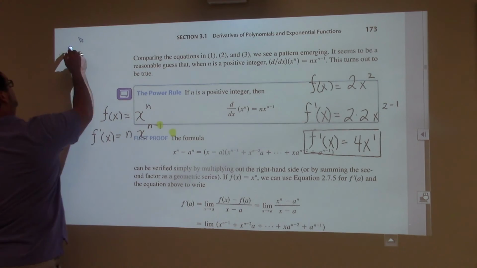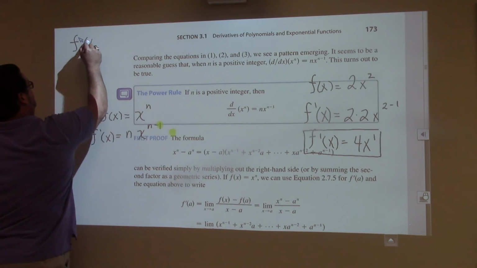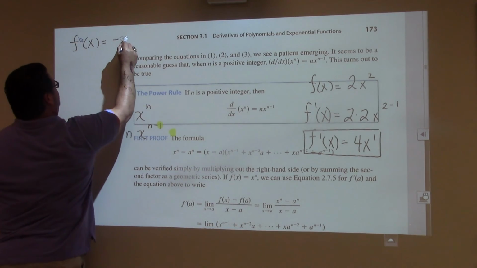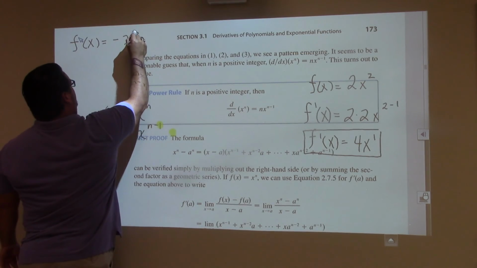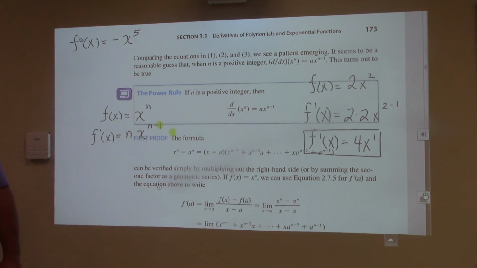So what about this one? f of x is equal to negative x to the 5th power. Well, first of all, there's nothing in front of that x.